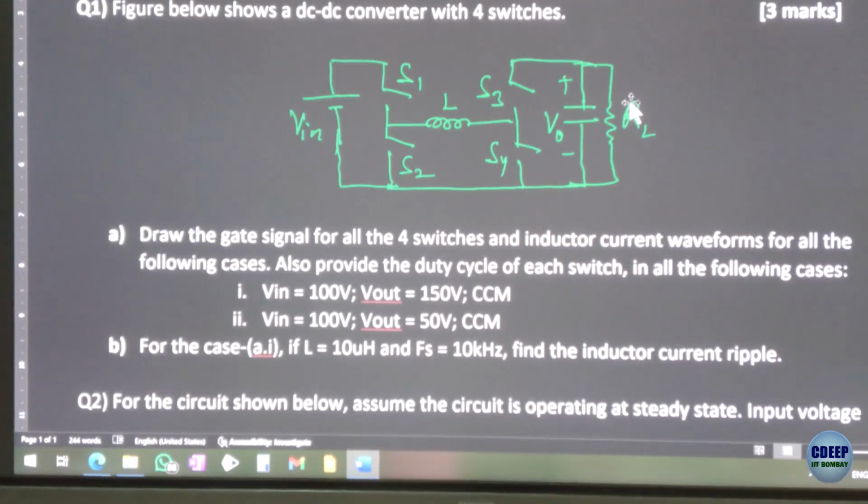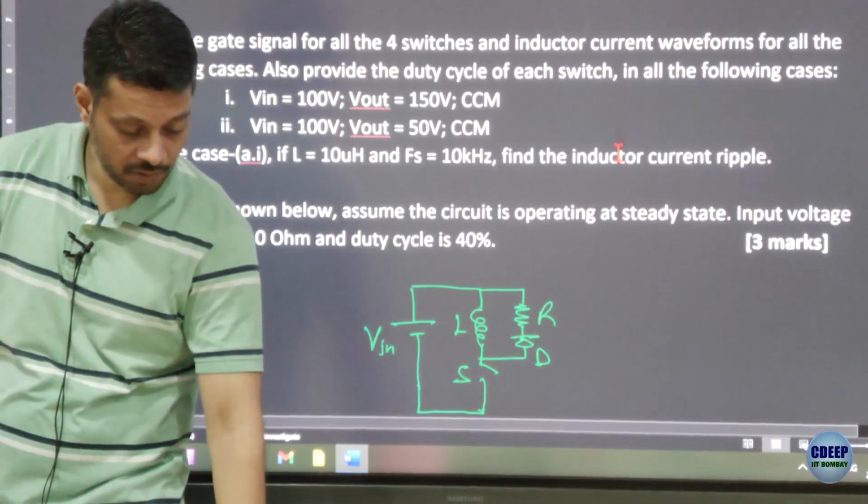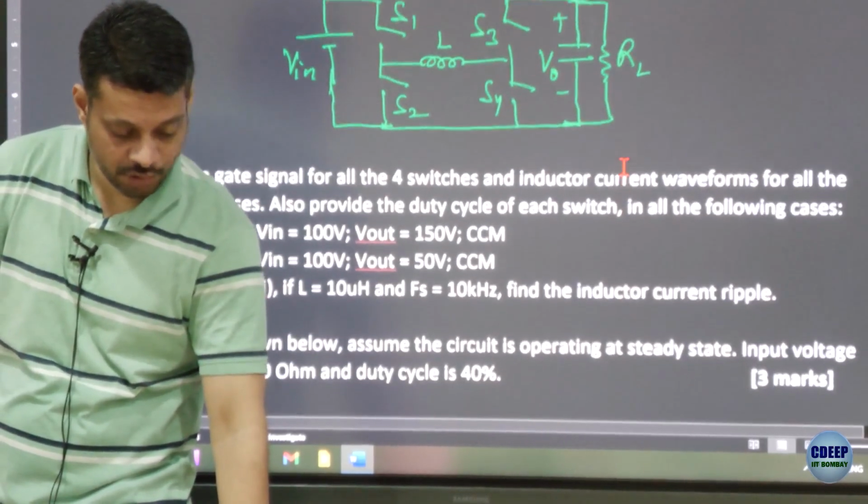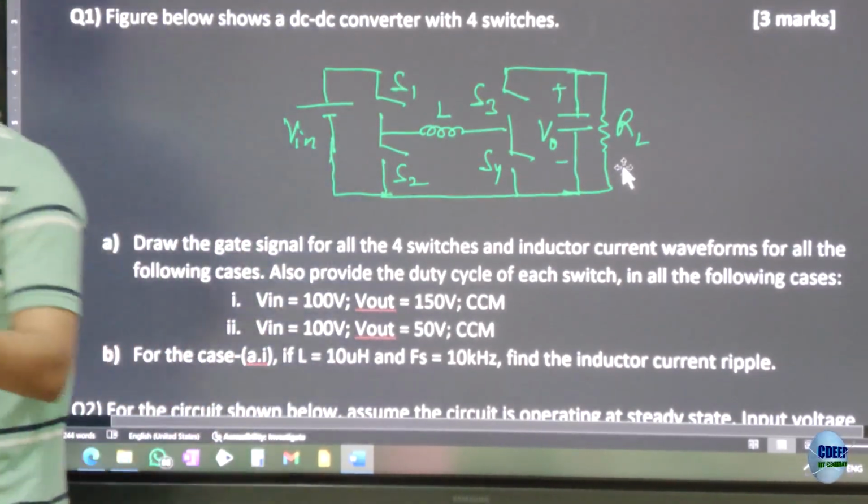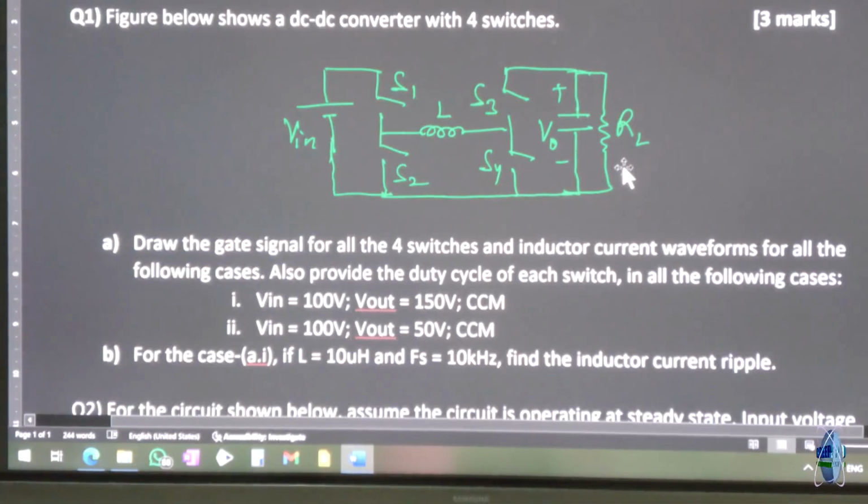So with this combination, you can operate it just as a buck boost. Is that okay? And this circuit is called non-inverting buck boost because the output voltage is of the same polarity. So if you know you only have to buck, you can either operate it as a buck boost or you can just operate it as a buck converter by turning on S3. Part B is for case A if your frequency is this. So depending on your thing, maybe some of you have operated case A1 as a boost converter, you will get a different value.